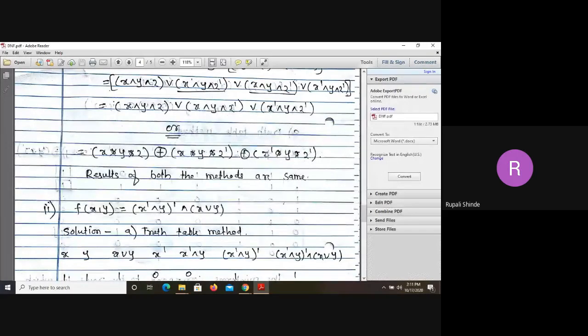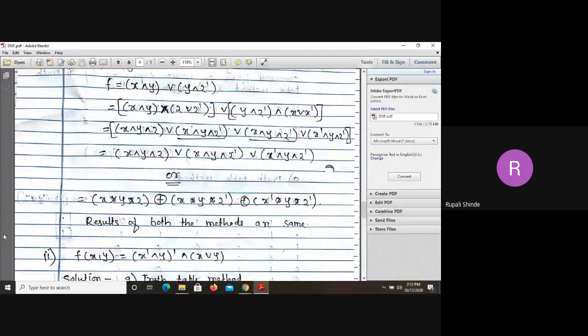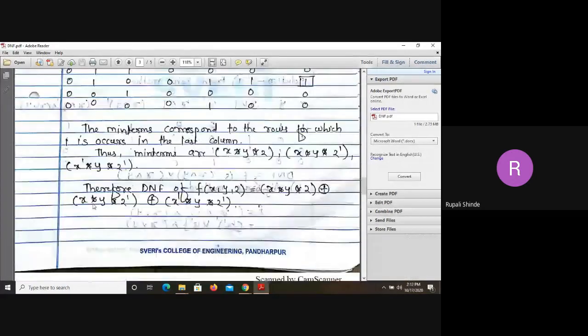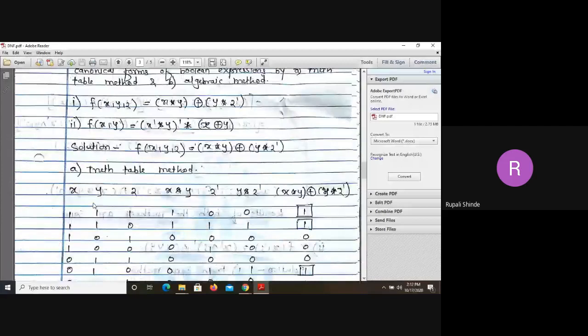And so by using both methods we got the same result.